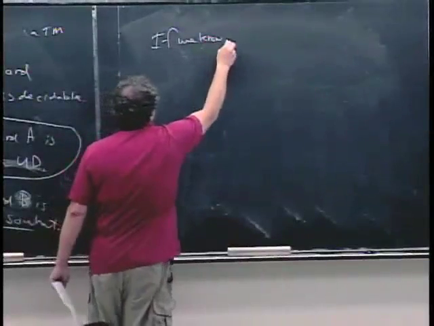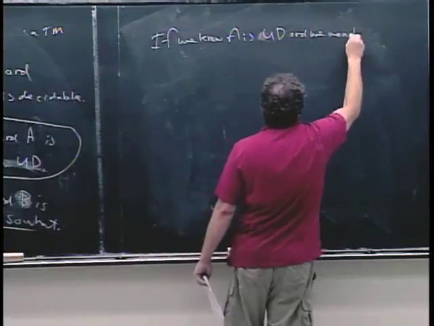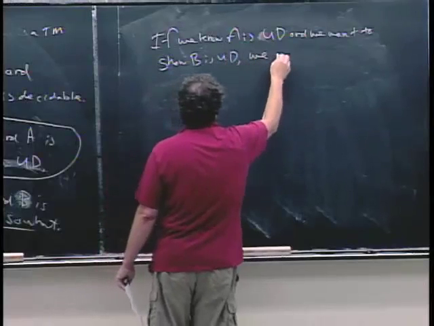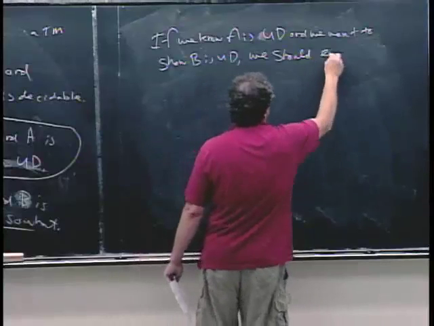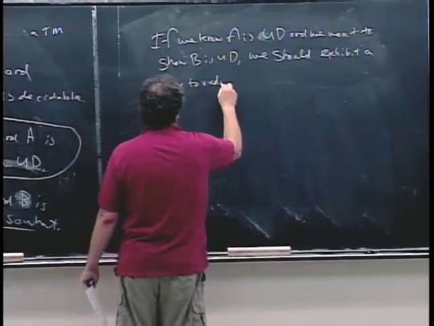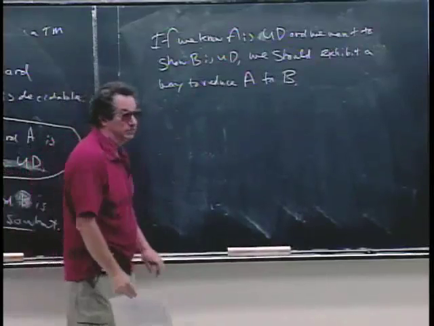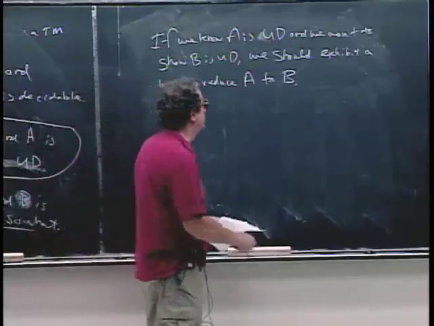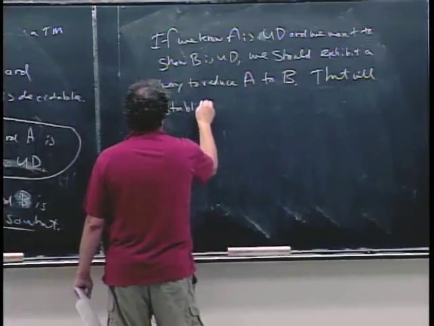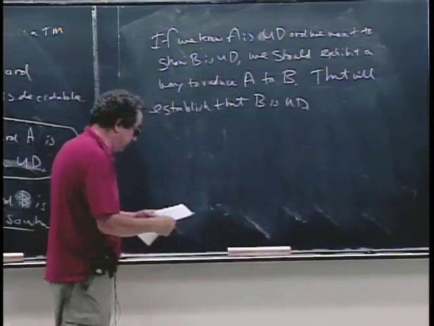If we know A is undecidable, and we want to show B is undecidable, one approach that will do that proof is to exhibit a way to reduce A to B. And based on this idea, that will establish that B is undecidable.